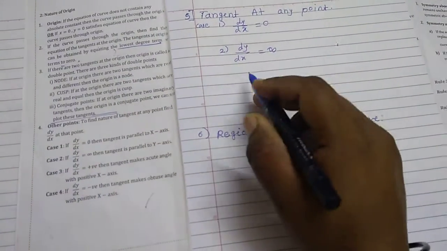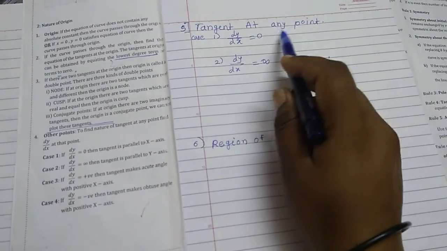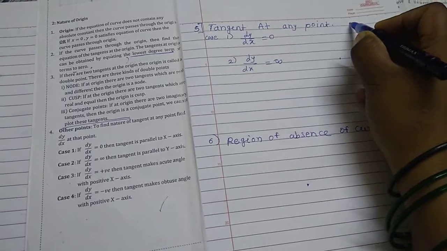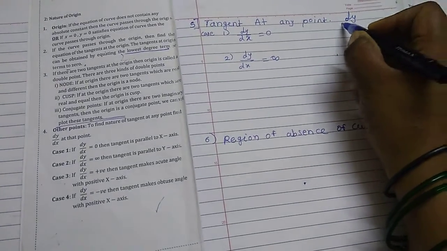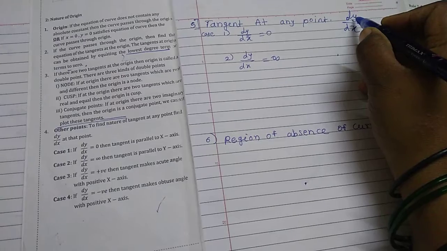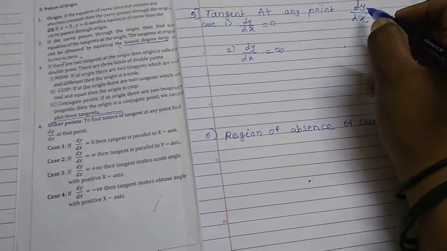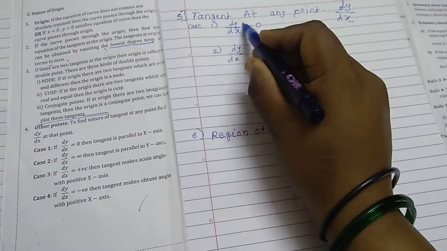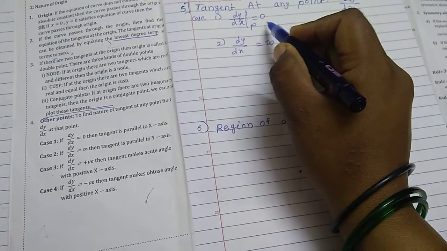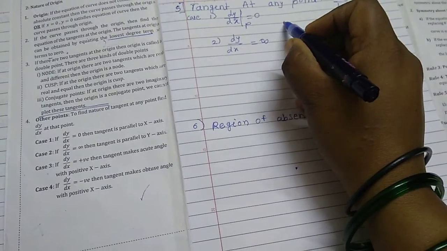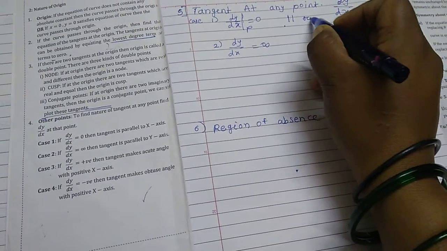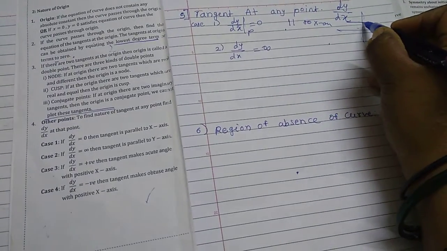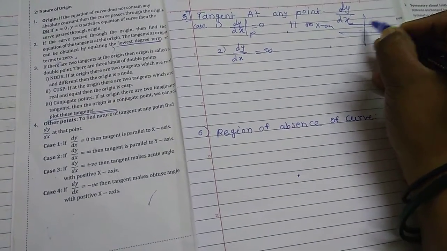After finding intersecting points, we will find tangent at those points. To find tangent at that point, we will find dy upon dx, the derivative of that curve. So, if the derivative at that point P equals to 0, then tangent is parallel to x-axis. That is, we have slope equals to 0.